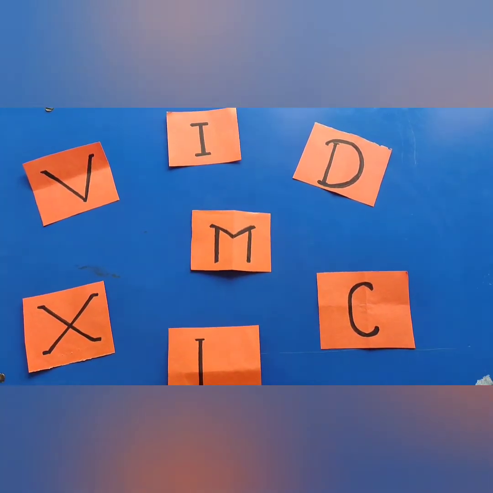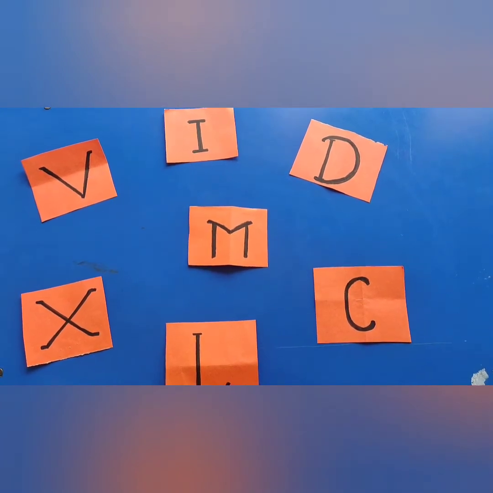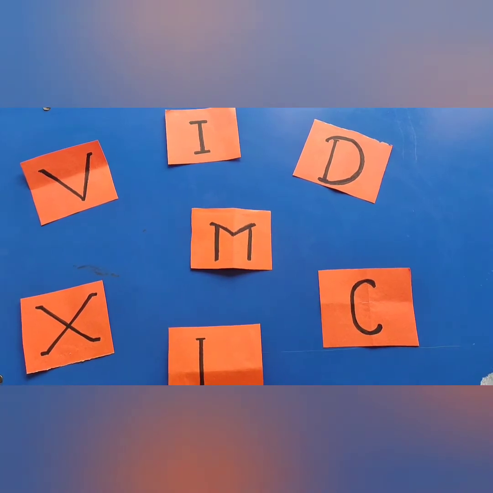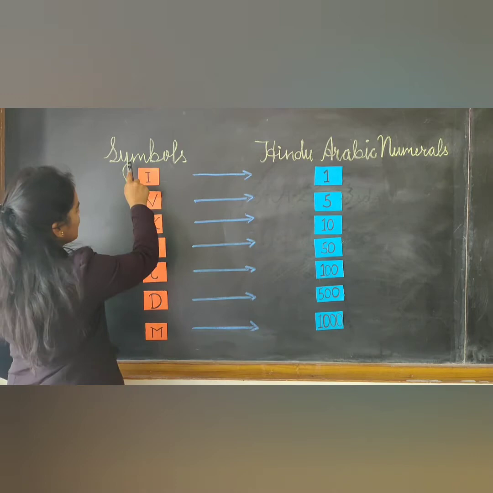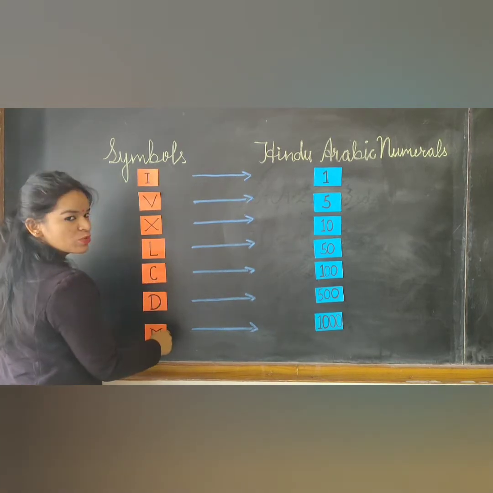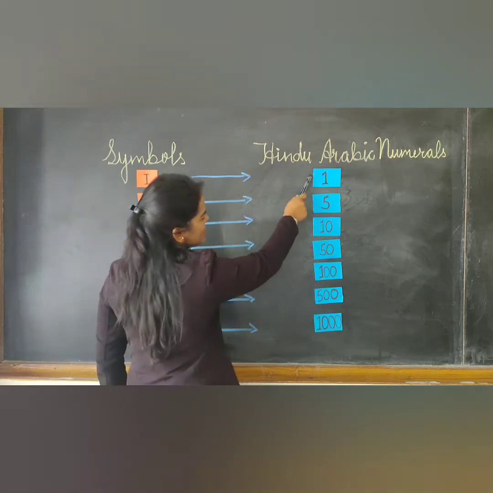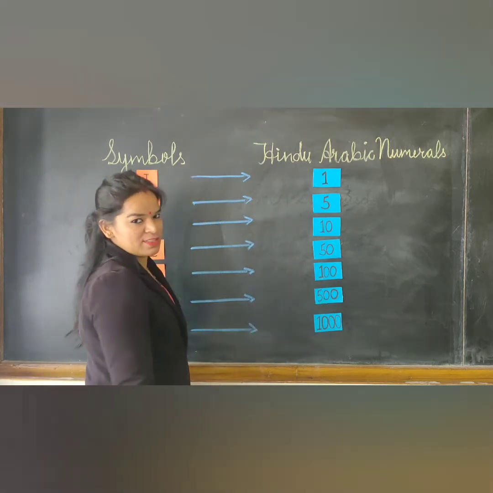Now, you must be thinking, these English alphabets are used for which numerals? So let's have a look. Students, as you can see here, these are the symbols used in Roman numerals and these are their Hindu Arabic numerals.